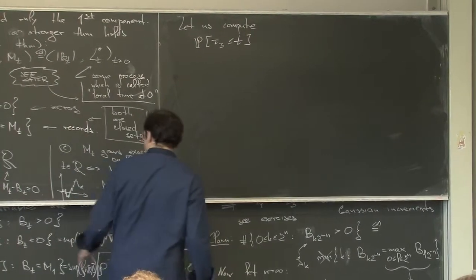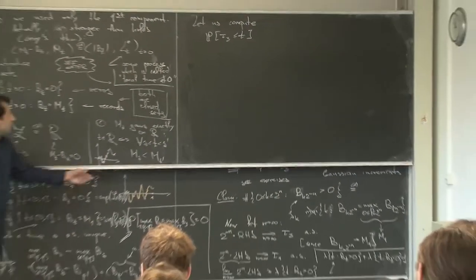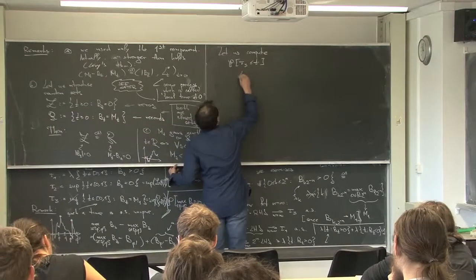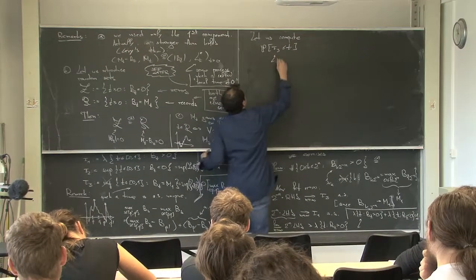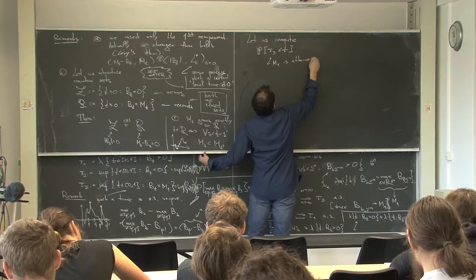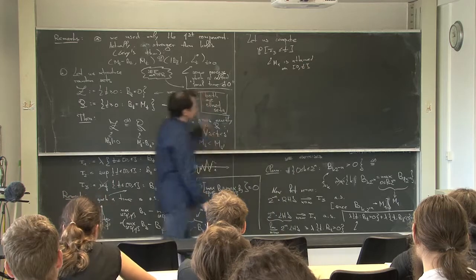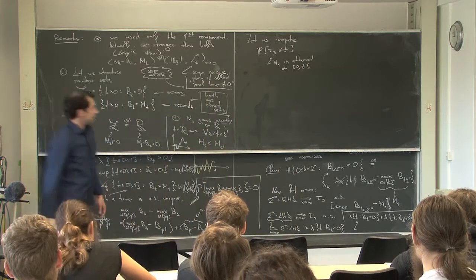So this is the probability of the event. We have a maximum. So what does it mean? It means that M1 is attained on [0,t], right? So tau3 is the moment where we attain the maximum.